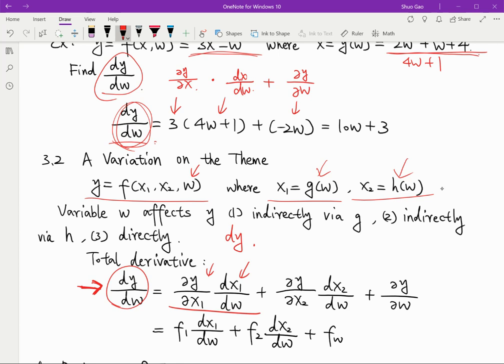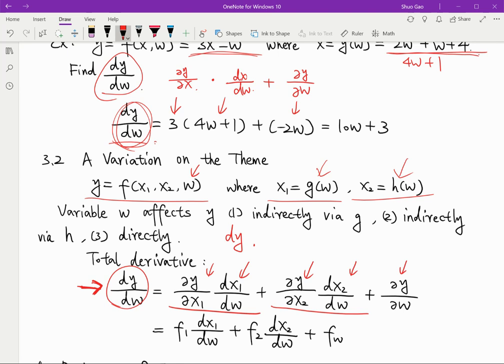And the second, w can first affect x2, and then x2 is a variable of function f, so x2 can affect y through function f. Right? So this is a second indirect way. And the last way is the direct way. So w is in the function f, so it could directly affect y, right?